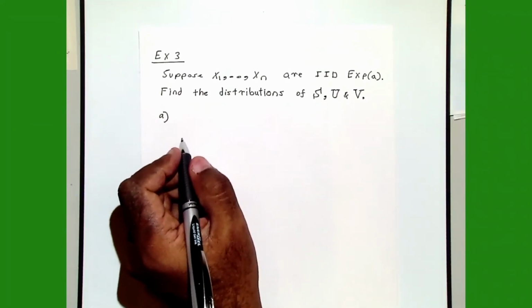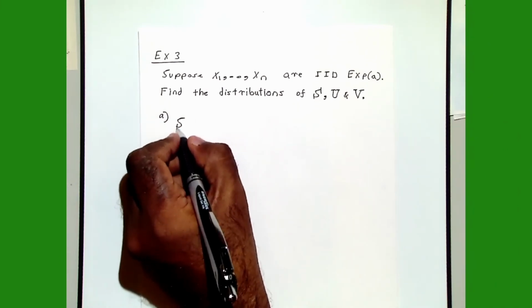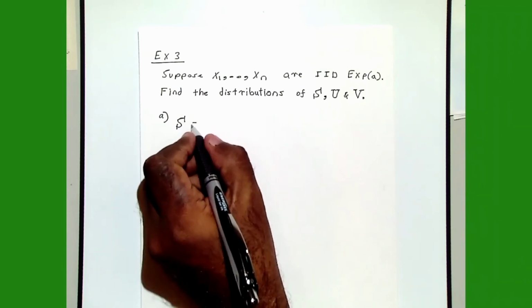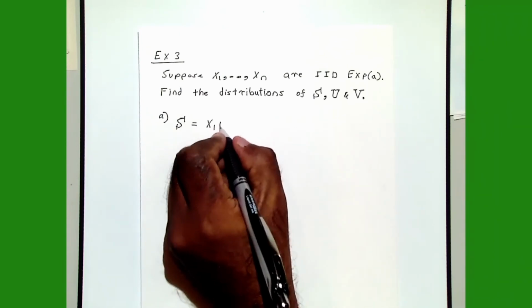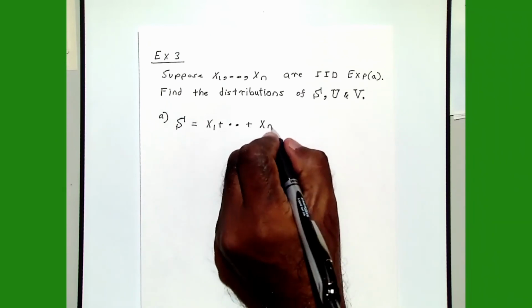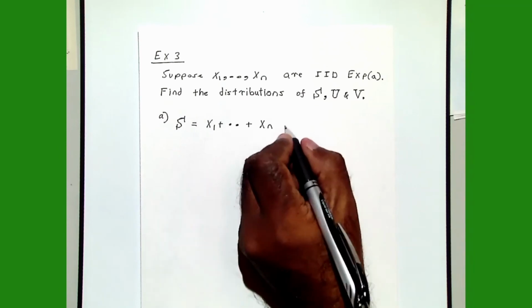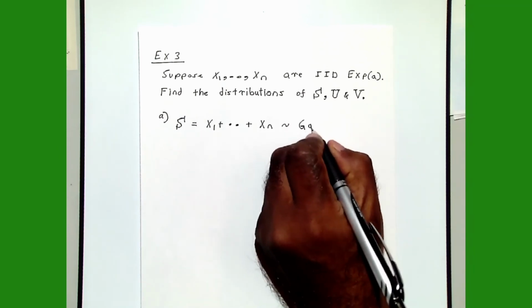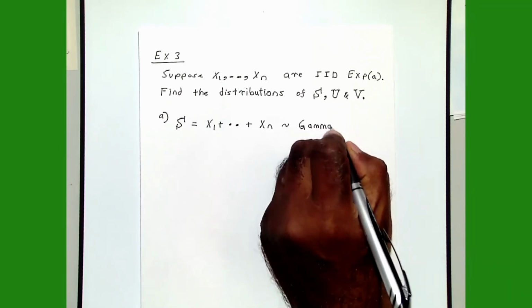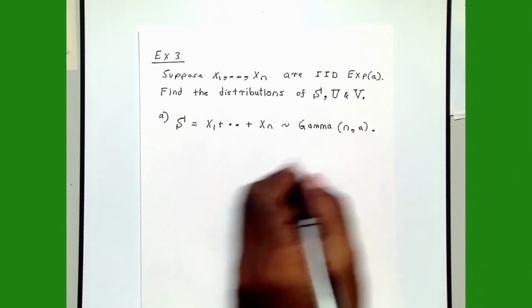Now there is a result which you might have learned in your second year or first year. I don't expect you to know this, but there is a result which says that the sum of independent exponentials has a gamma distribution with parameters n and a. Right?